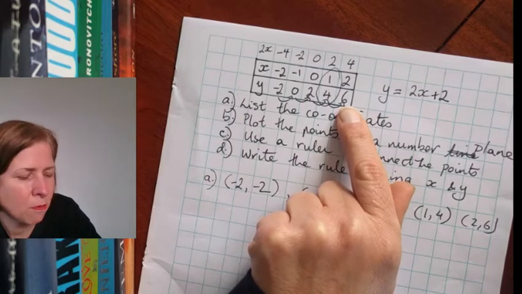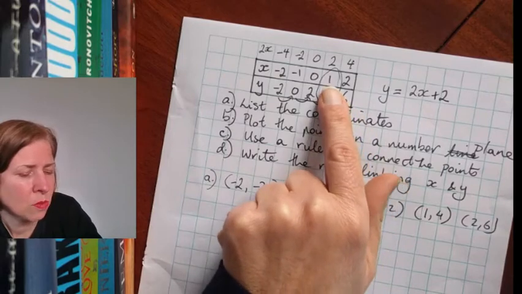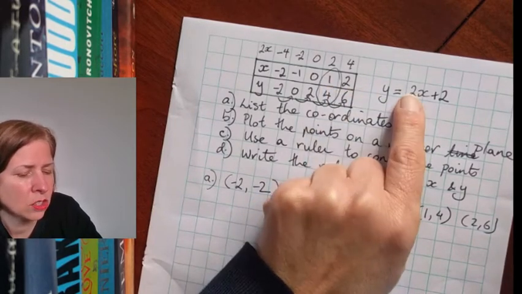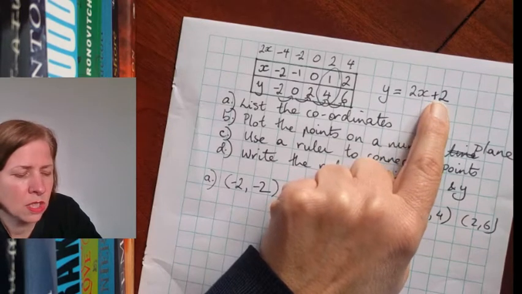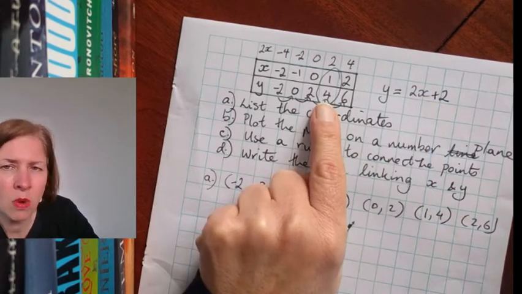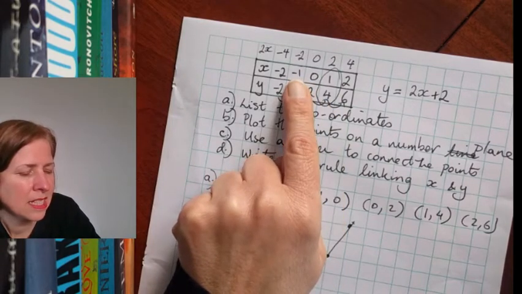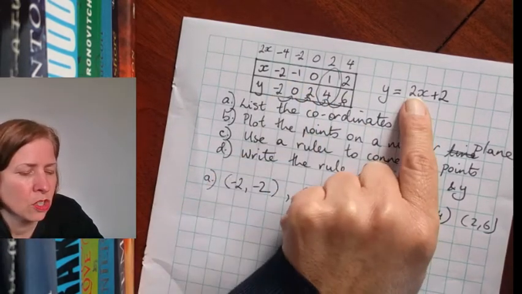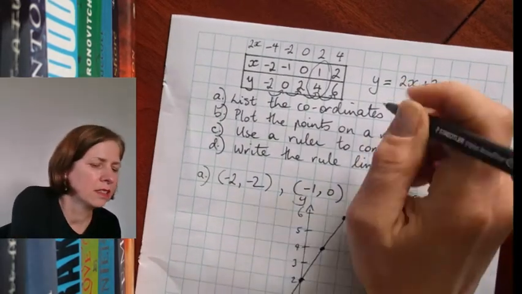All right, let's pick a different X value because you can't just check it with 1. Let's check it with this one. X is 1. 2 times 1, that gives me 2. Plus 2 gives me 4. That is what I want here. Let's pick one of my negative numbers. Let's use negative 2. 2 times negative 2, oh, this is getting tricky. I'm going to have to write it down.